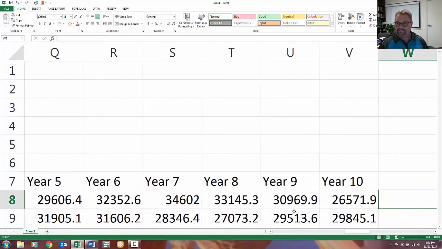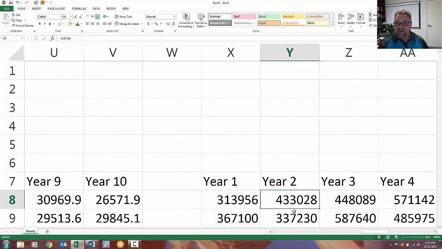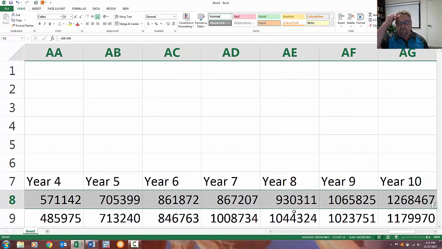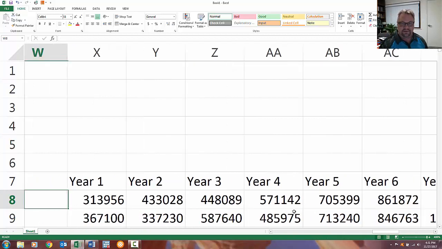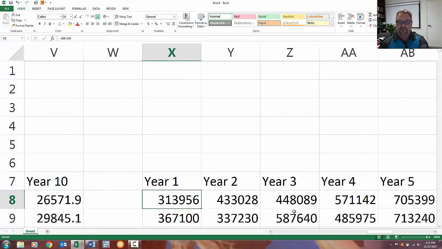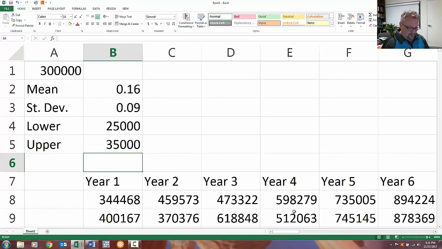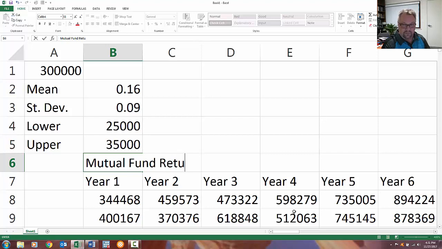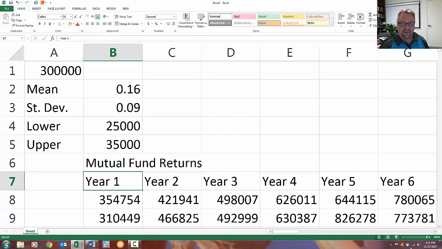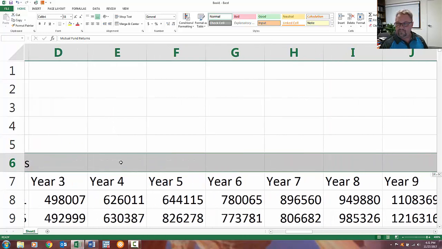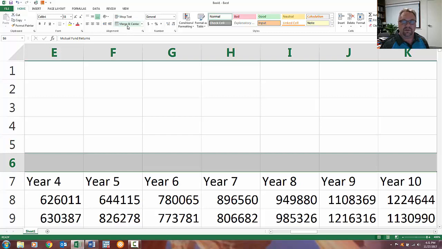So what I'm going to do is start here. I'm going to get rid of all this stuff. Tell you what, I'm going to keep this. In fact, just to make this clear, these will be my mutual fund returns. And then I'll show you a little trick here: merge and center that.